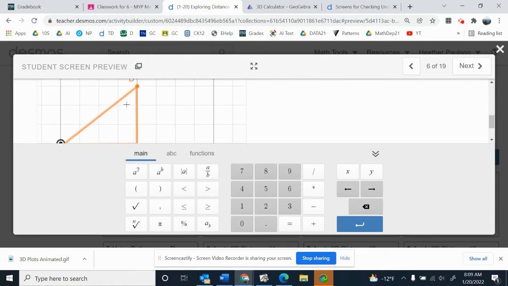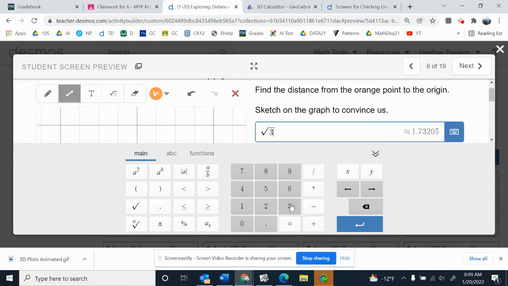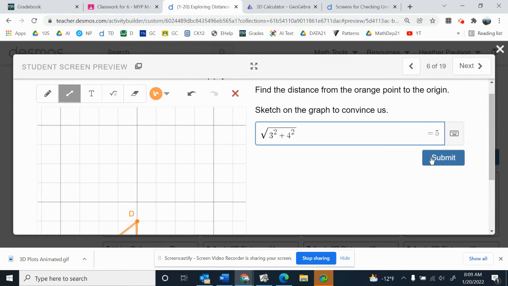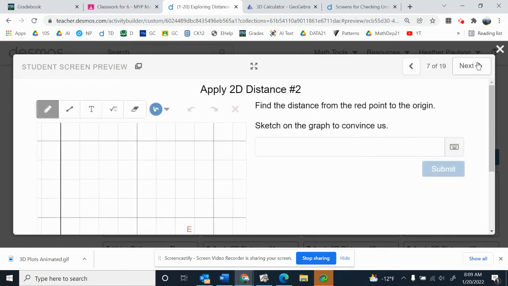Here we have 3 and 4. So we have the square root of 3 squared plus 4 squared, and that gives us 5. Success.